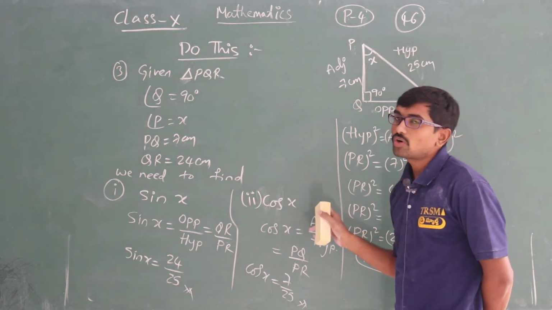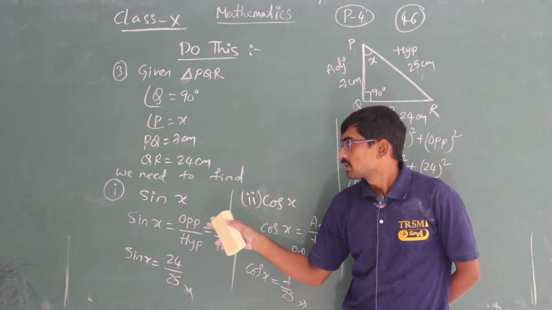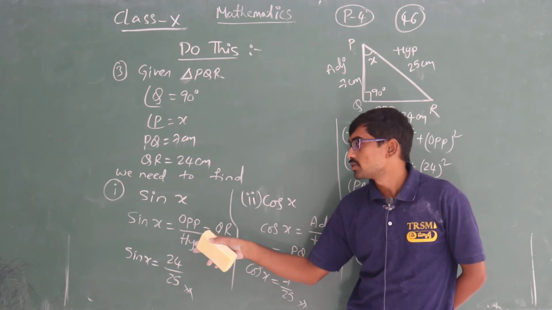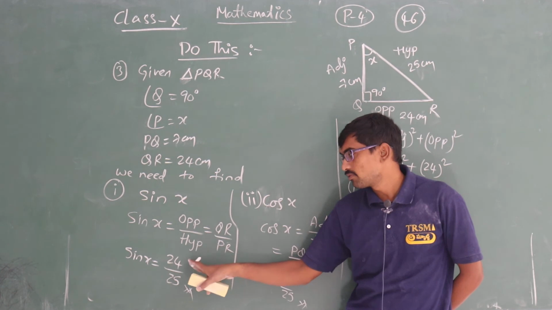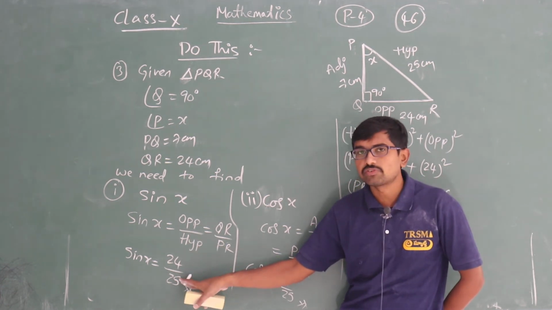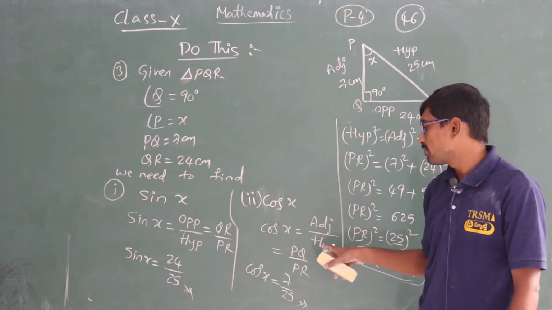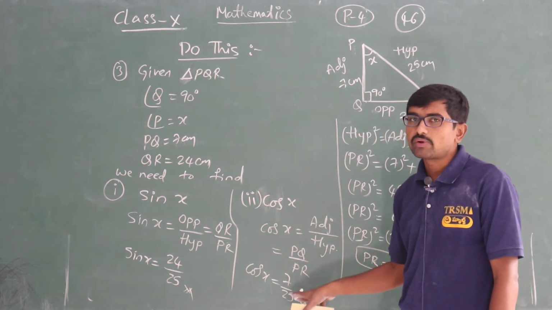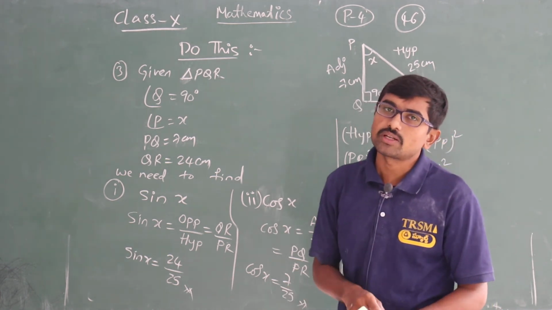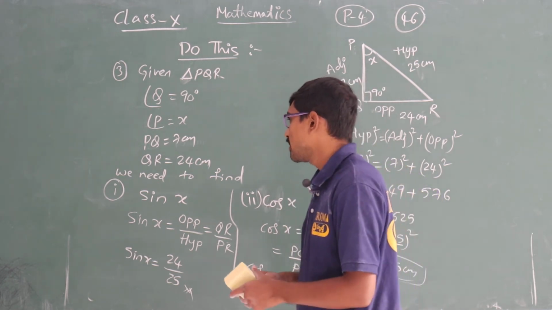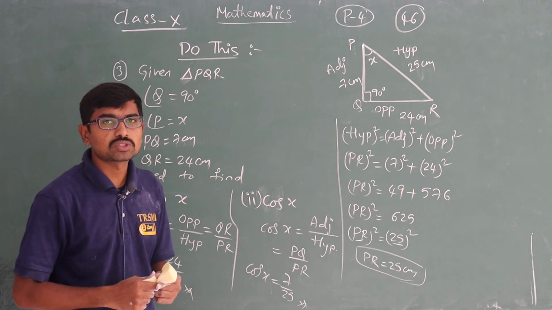After that we converted it into trigonometric ratios. Sin x is opposite by hypotenuse, so opposite is 24 and hypotenuse is 25. Cos x is adjacent divided by hypotenuse, so 7 divided by 25. Hope you all understood.